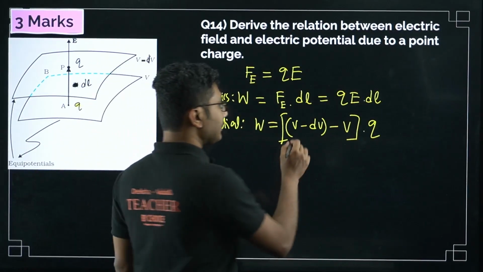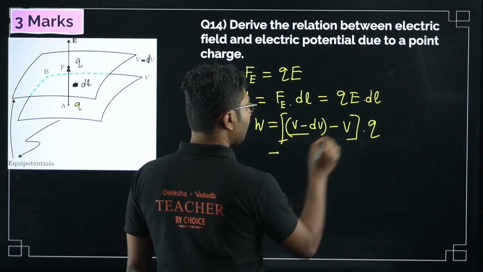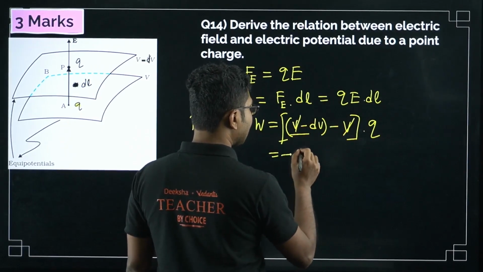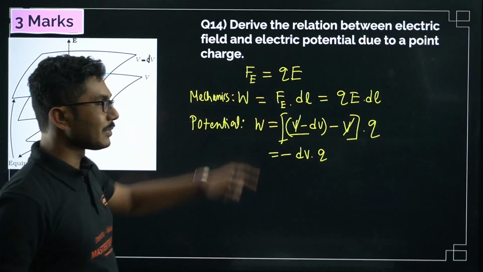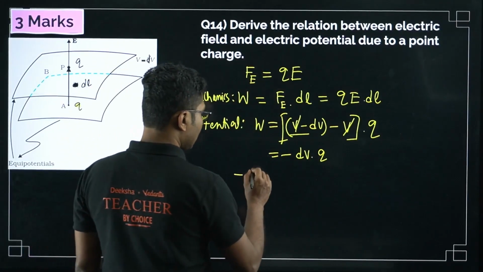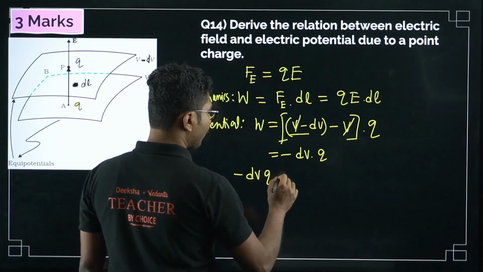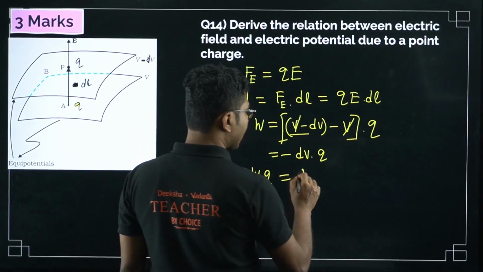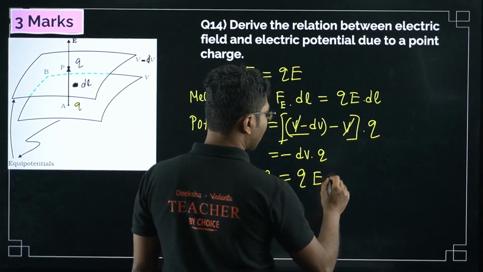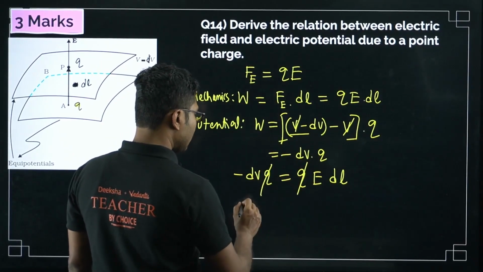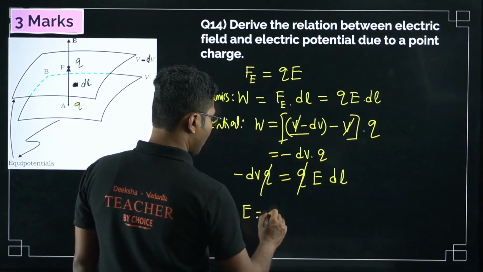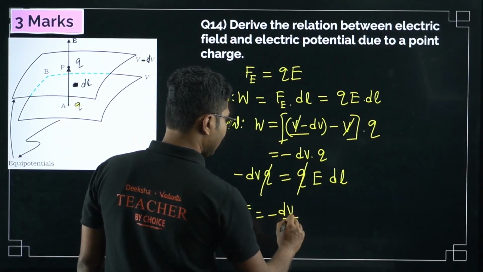Potential difference is final minus initial, so V cancels, and you get minus dV into Q. Now these two work done must be equal. Even though we have got them from 2 different sources, work done for moving a single charge cannot have different values, so definitely they will be equal. Now Q cancels, so E becomes minus dV by dl.